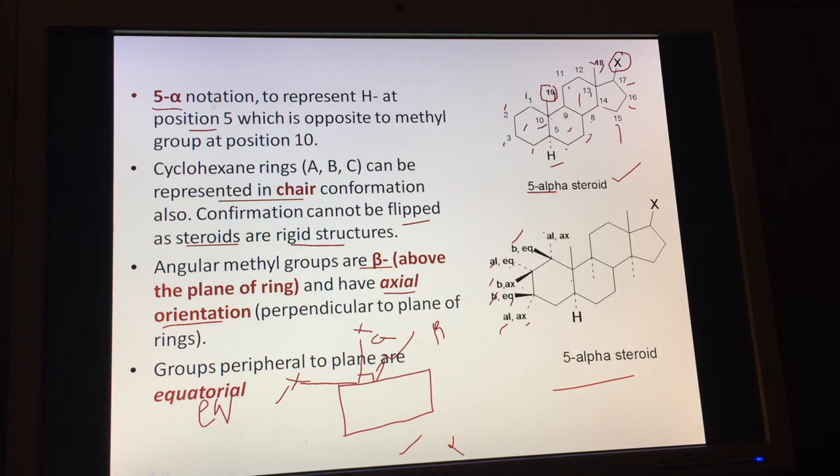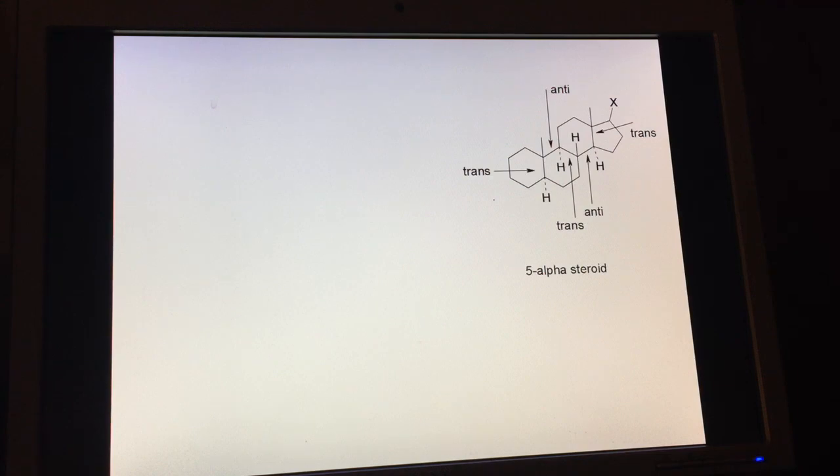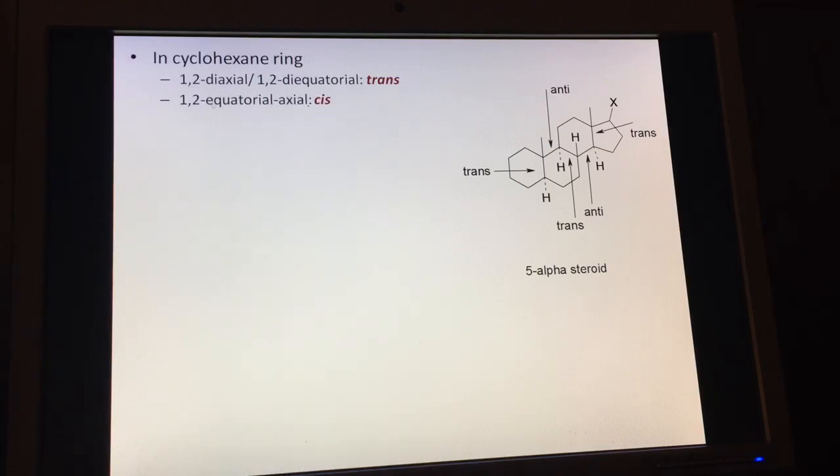Now we also know that in the cyclohexane ring system, in these 3 rings, ring A, B and C, we can have trans or cis, which depends upon the groups on the vicinal atoms. Vicinal carbon atoms means adjacent carbon atoms.